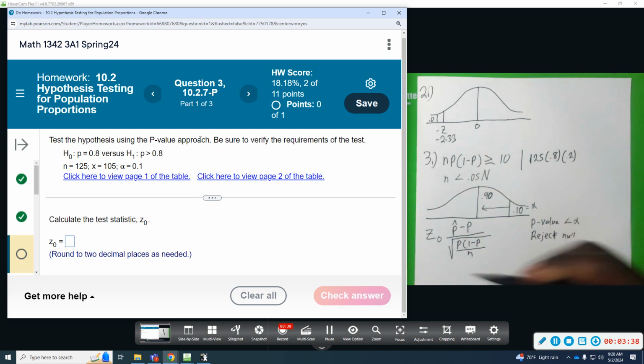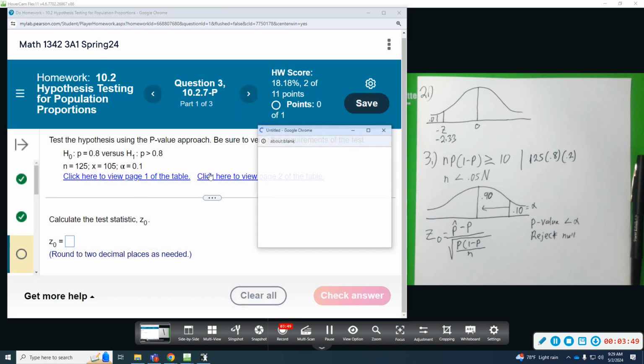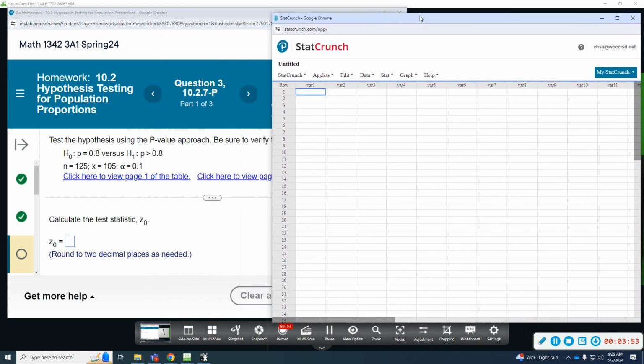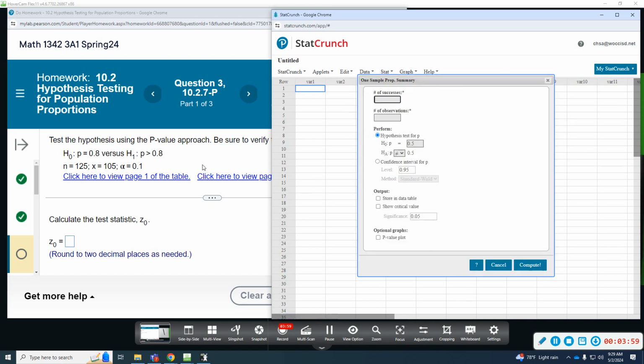So we could compute this Z test statistic, but we're going to let StatCrunch do that for us. So we're going to do StatCrunch. We are going to move this over so I can see everything. Stat, we're going to go to proportion, one sample summary, because we don't have the data.